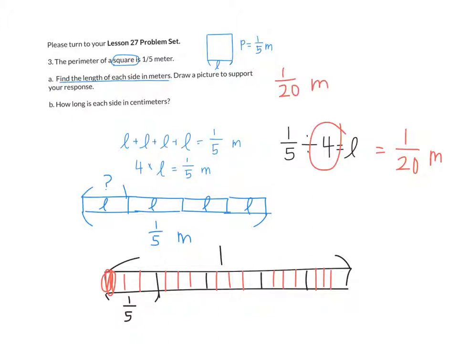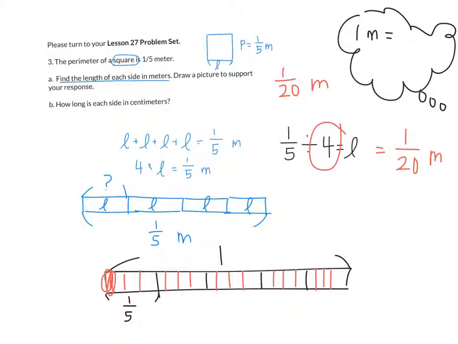Now, part B says, how long is each side in centimeters? We're changing from meters, 1 unit, to another unit, centimeters. Good. Whenever we do unit conversions, we have to write some thought bubbles on our papers. Okay, what's our original units? Meters. Okay, 1 meter equals, and we're changing to?